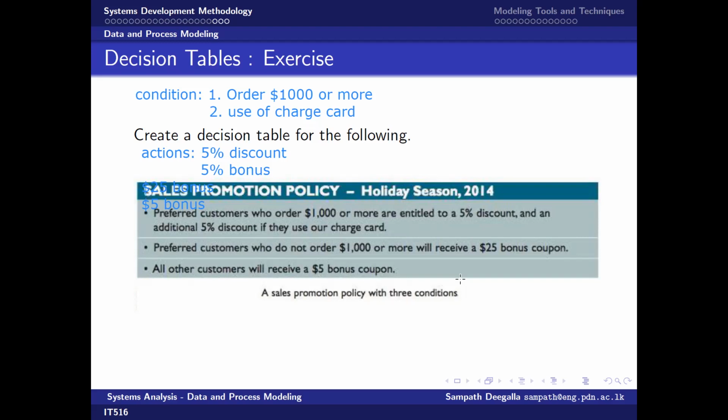So that means basically they are entitled to 10%, which is $100, right? Doctor, that's a good point, that now we'll receive that $25 bonus for those who do not order $1,000 or more. Yeah. So let me put these conditions and then we'll work on the actions.